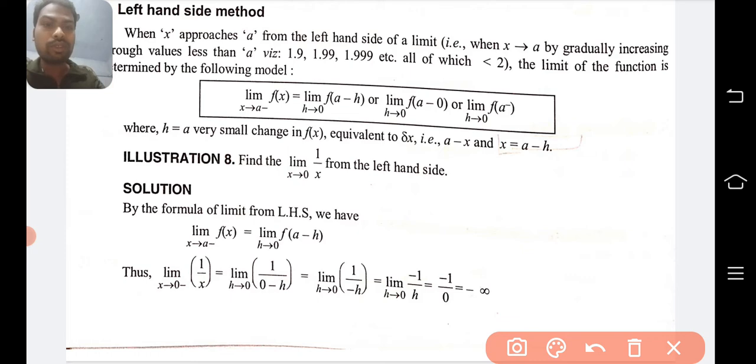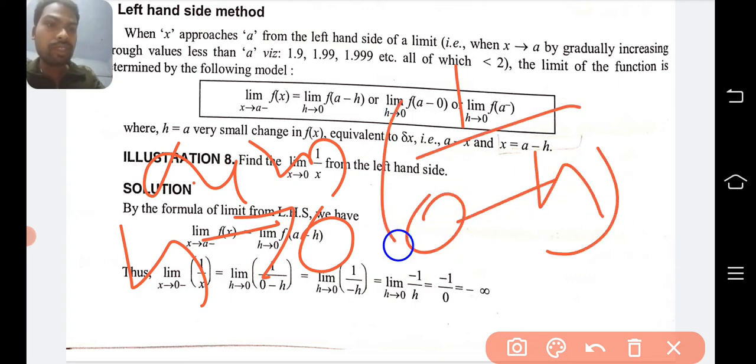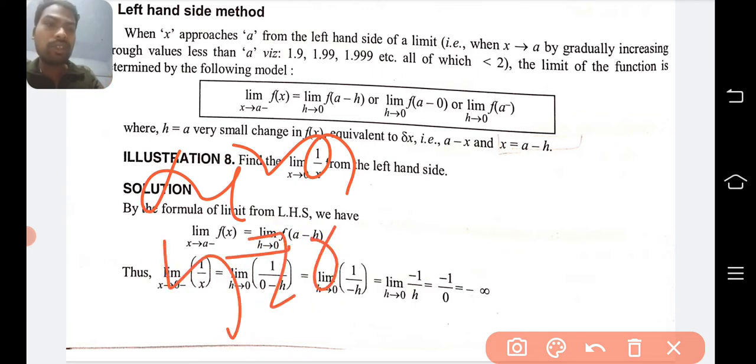Okay, so what we have to do is the limit h tends to 0 of 1 divided by 0 minus h, if you are denoting the limit in terms of h tends to 0. Okay, so what are we going to get? We are going to get limit h tends to 0 of 1 divided by minus h.